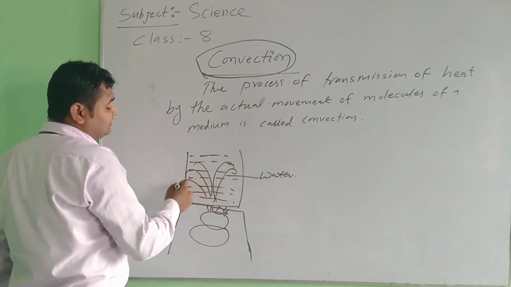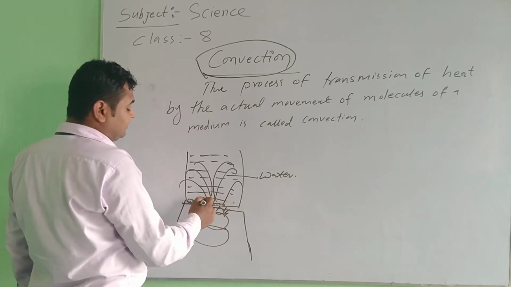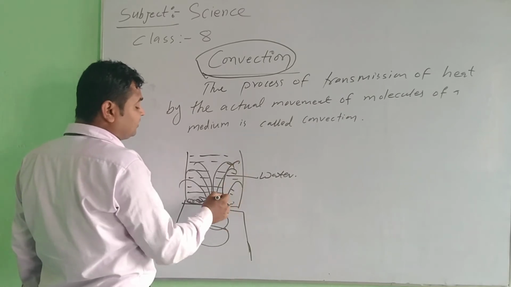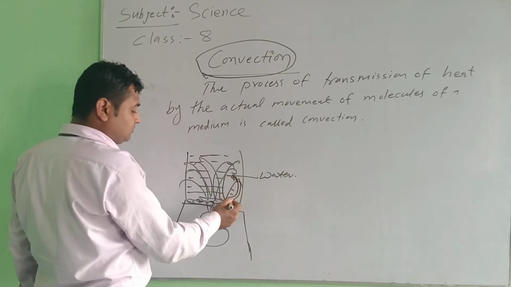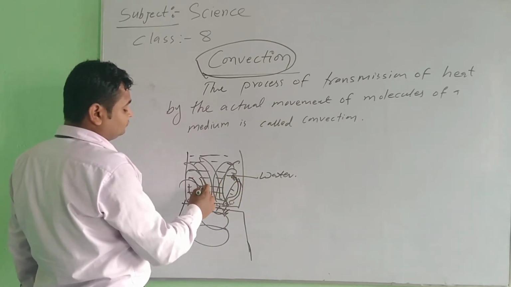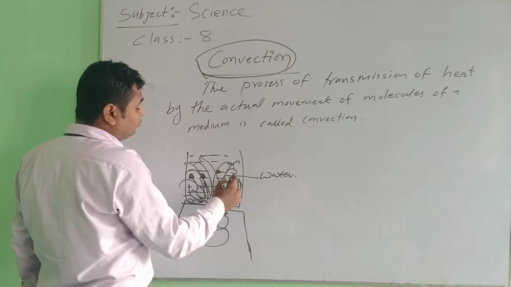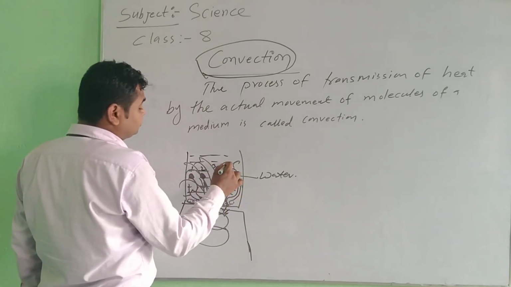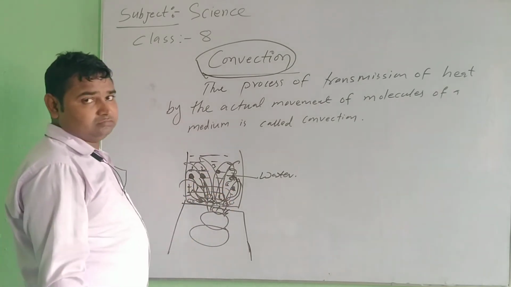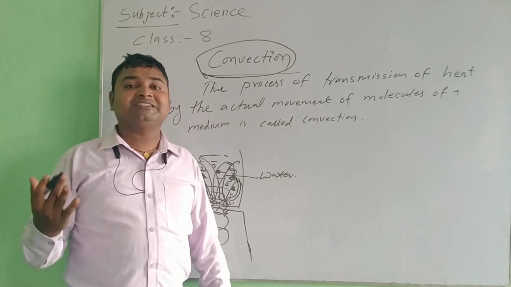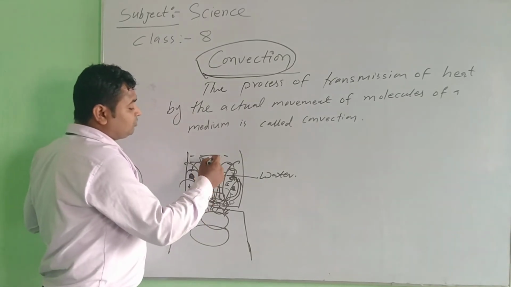The surface is heated, and when it is heated it rises up, and the cold water present in the beaker goes to the bottom. It means the molecules number 1, 2, 3, 4, 5 are interchanging their positions. That means there is an actual movement of molecules. You have seen here that there is a movement of the molecules.